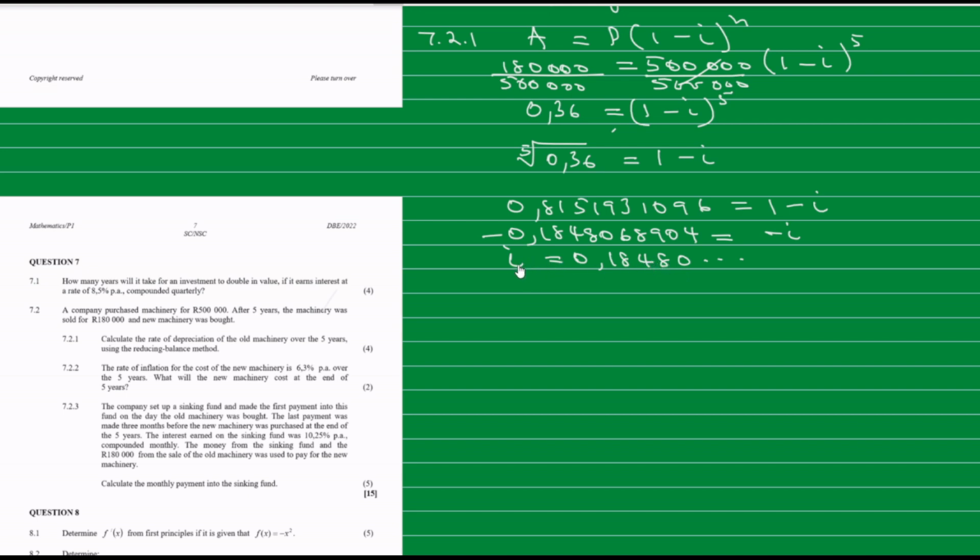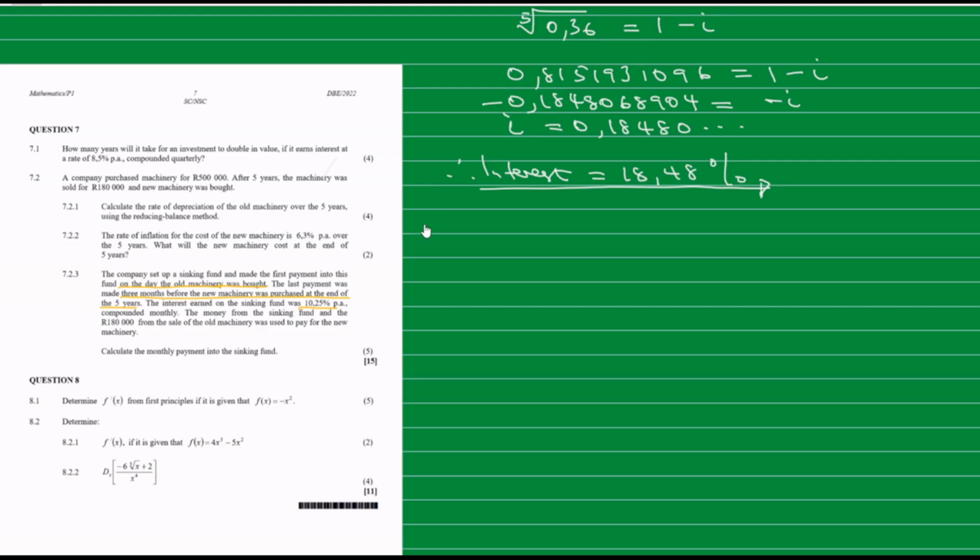So if we want to get our interest rate, our interest rate is going to be this value multiplied by 100, and that will give us 18.48%, which will give us the final answer.